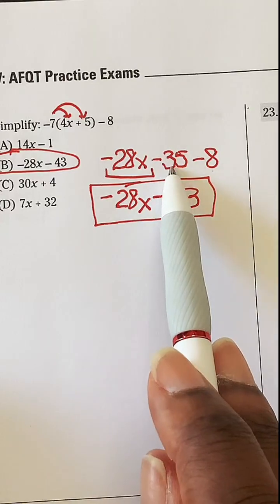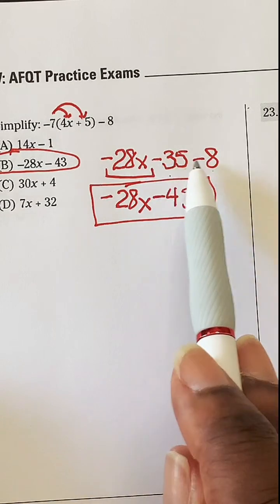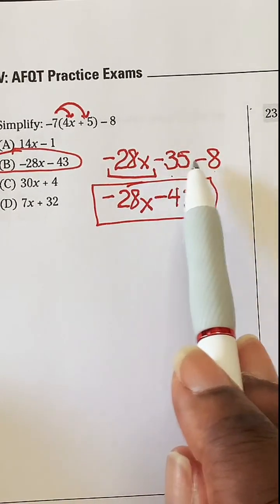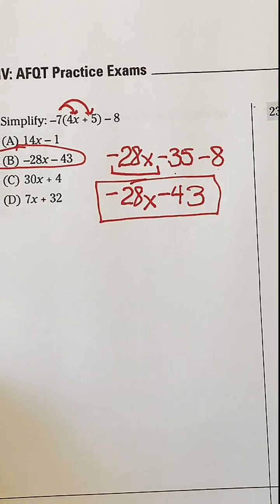Carry the 1. 3 plus the 1 will give you the 4. When the signs are the same, you're adding them together and you're keeping the sign. When they're different, one's positive, one's negative, you're subtracting and you're taking the sign of the larger number.